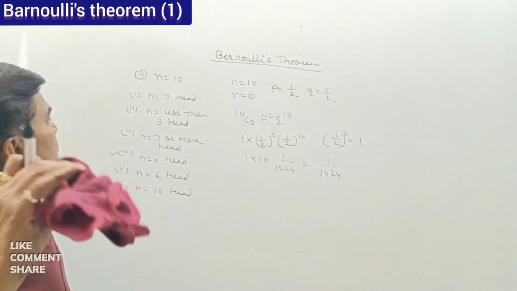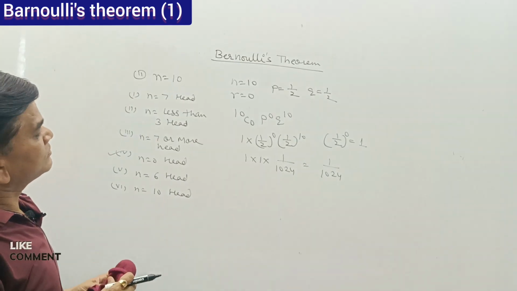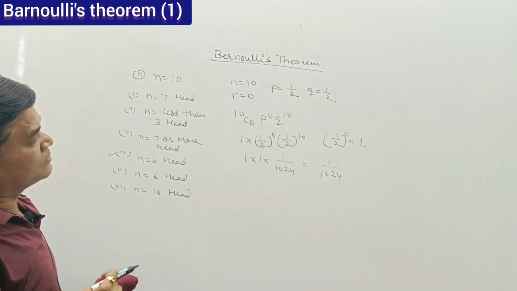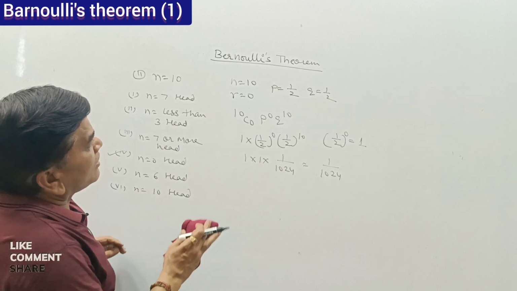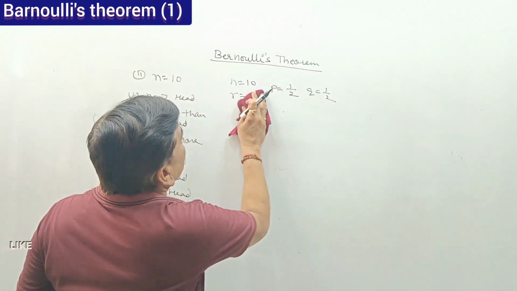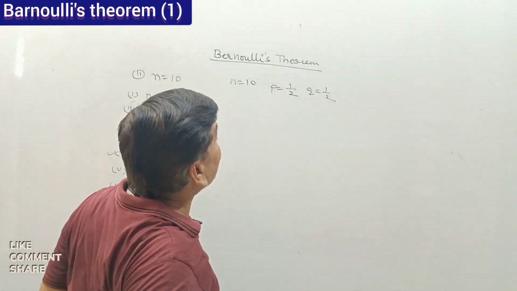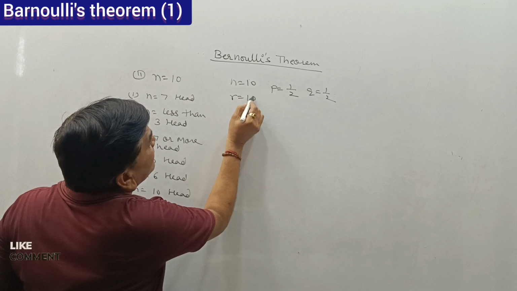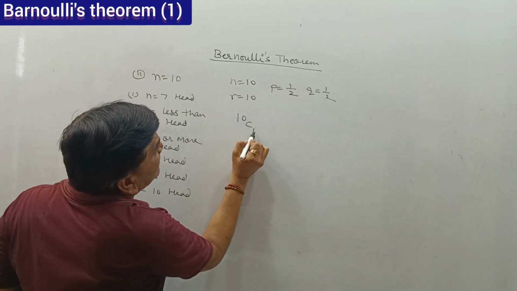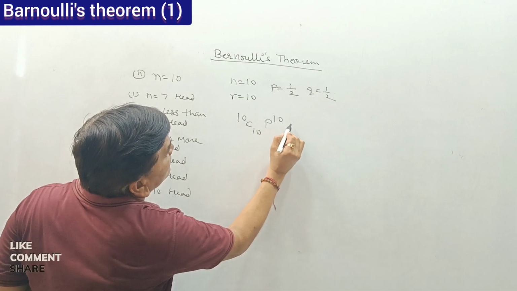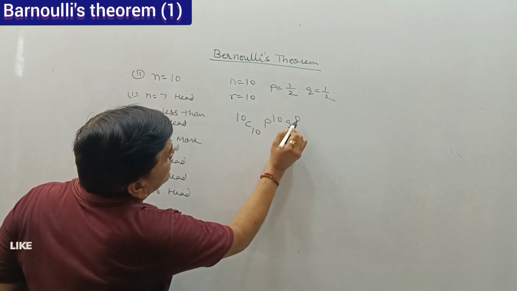Now come to the next question. If the question is asking for getting all 10 heads, R is equal to 10, so there will be 10C10, P raised to power 10, Q raised to power 0, 10 minus 10 is 0.